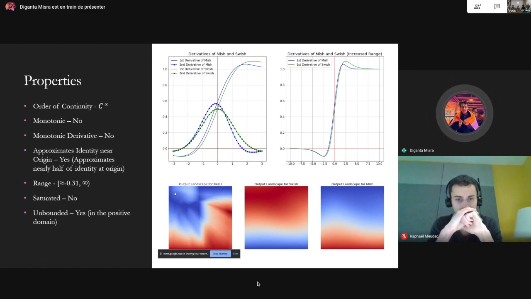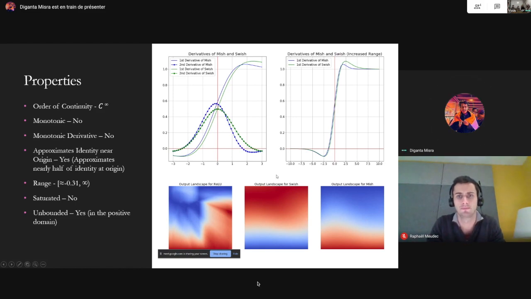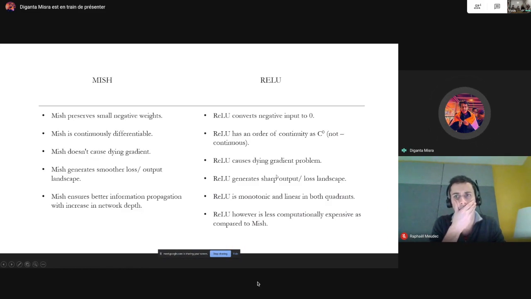As you can see, the transition for ReLU is much sharper as compared to both Mish and Swish. That is an important point in terms of why Mish helps in many ways.